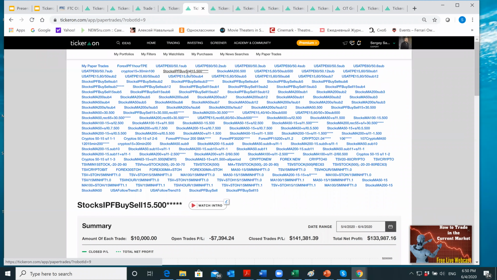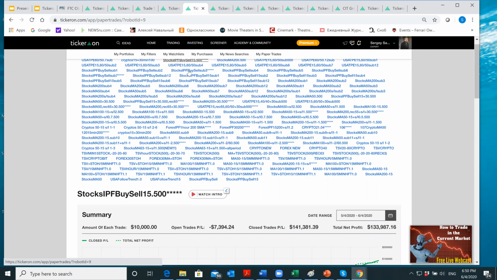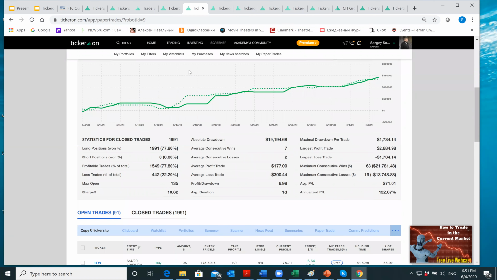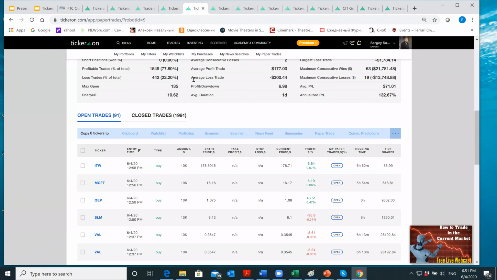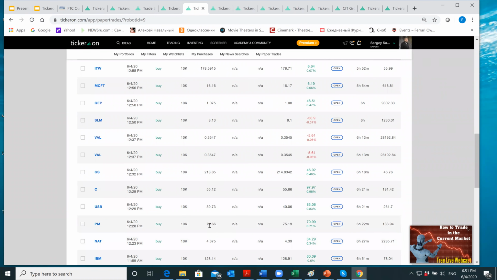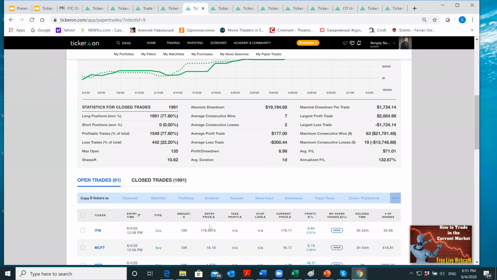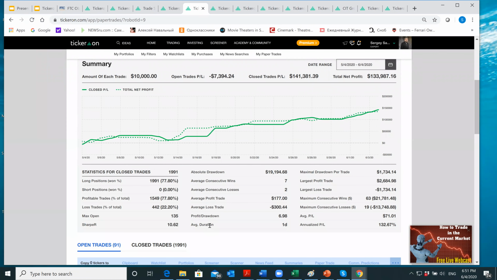You're going to be able to view how to see and follow the robots. As you can see in these paper trades, there are trades made by robot, and you're going to be able to examine all the trades before you sign up for the robots. But that's in development, and you will be able to subscribe maybe in a month.